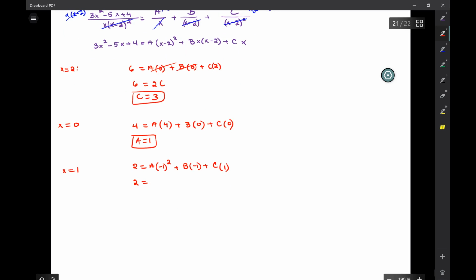So here, what do I get now? A minus B plus C is equal to 2. But I know what A and C are, don't I? 2 is, what's A? 1, minus B plus 3. Okay? So how much is B? 2.